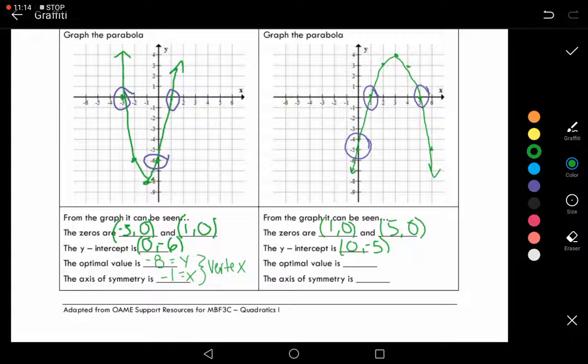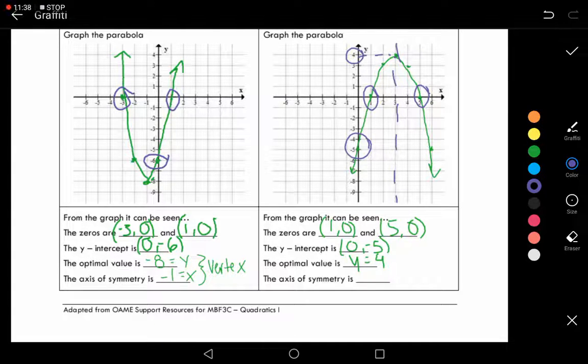The optimal value, again, is that y-coordinate of the vertex. So I look to see where my vertex is. I go across. So my optimal value there is 4. So y equals 4. And my axis of symmetry, remember that would be the line that goes through this point.